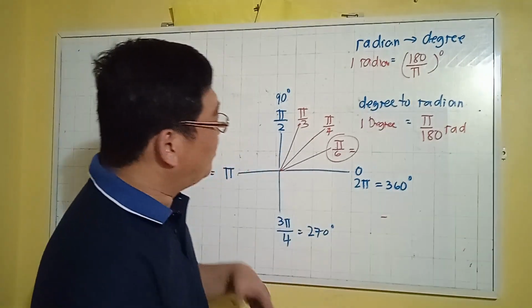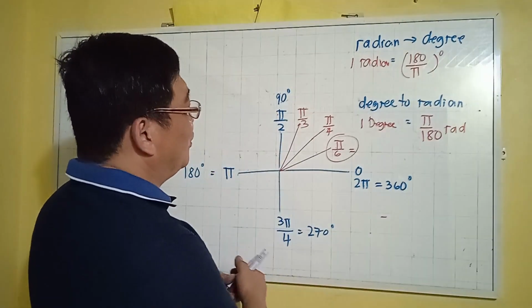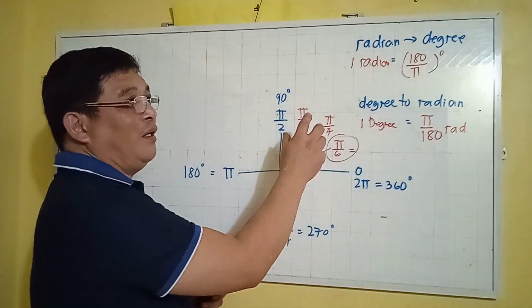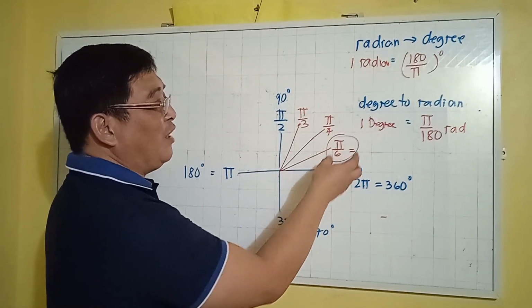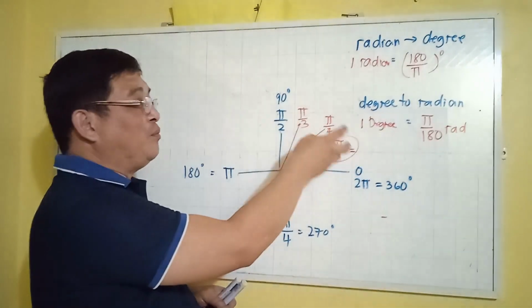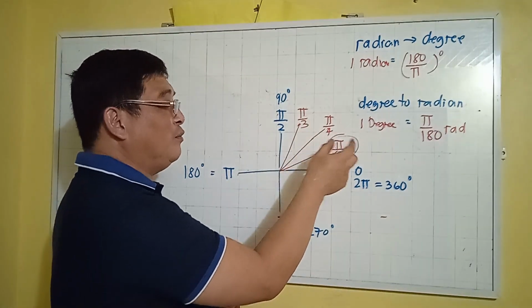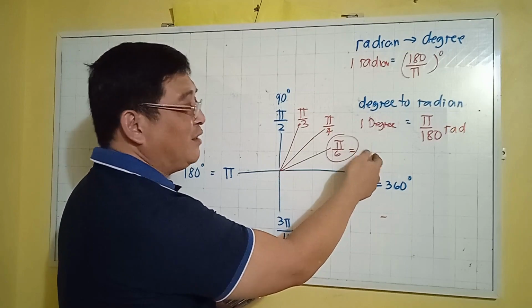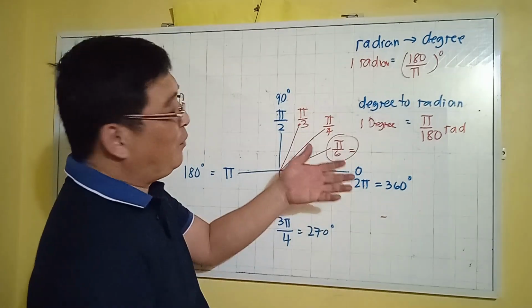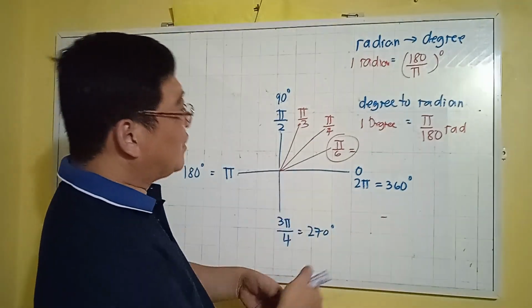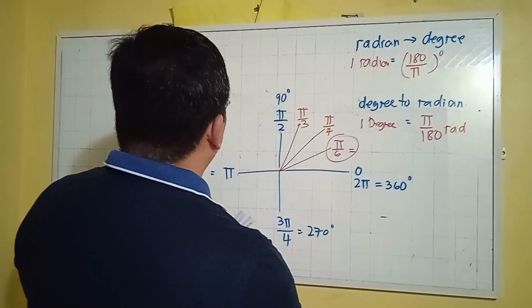So, kukunin natin example. Kanina kasi hinanap natin yung radian. Meron tayo kaninang angles dito in terms of degrees. Ngayon, we're going to look now, babaliktad for the degrees given yung radian.